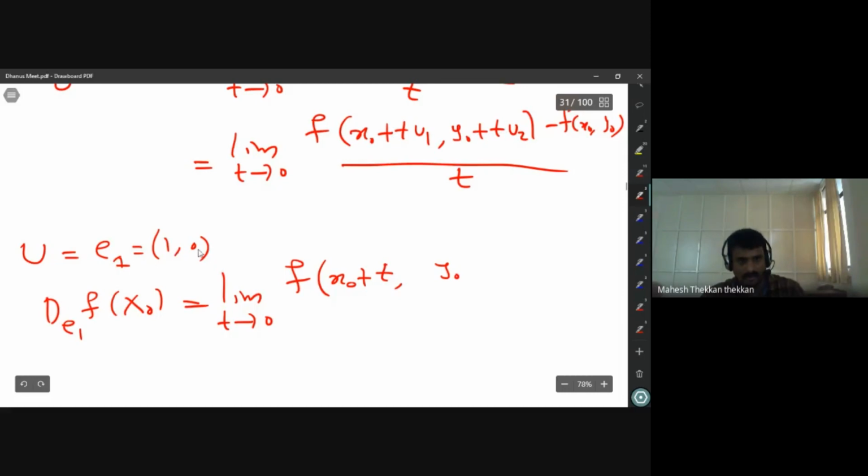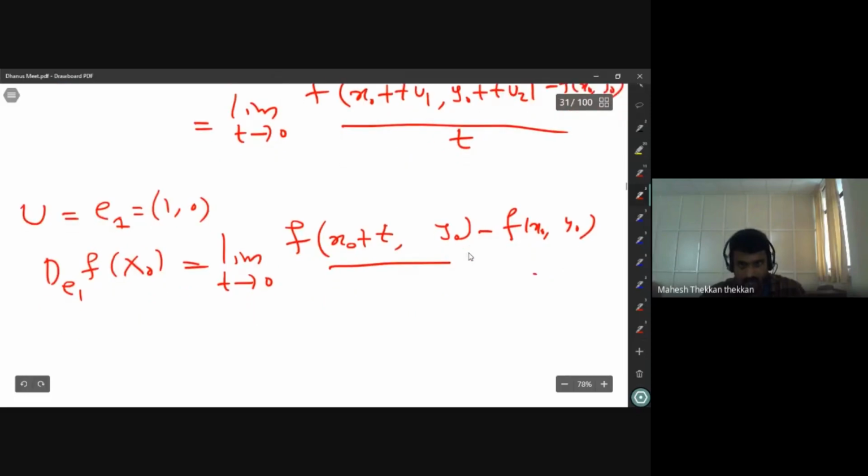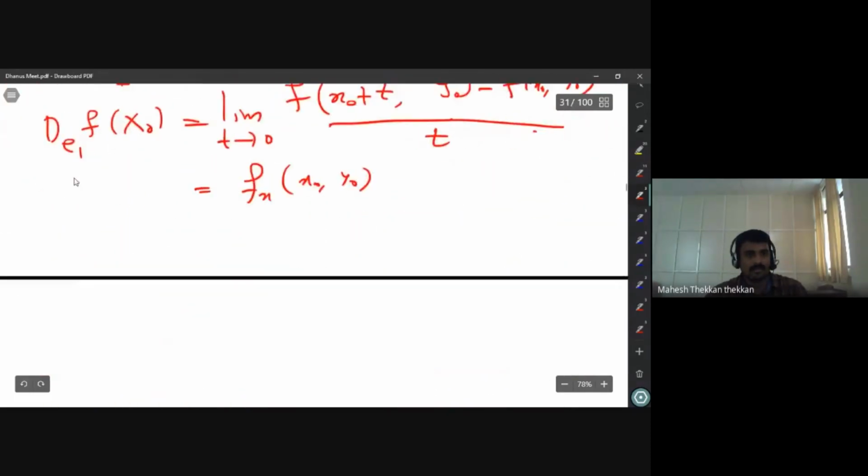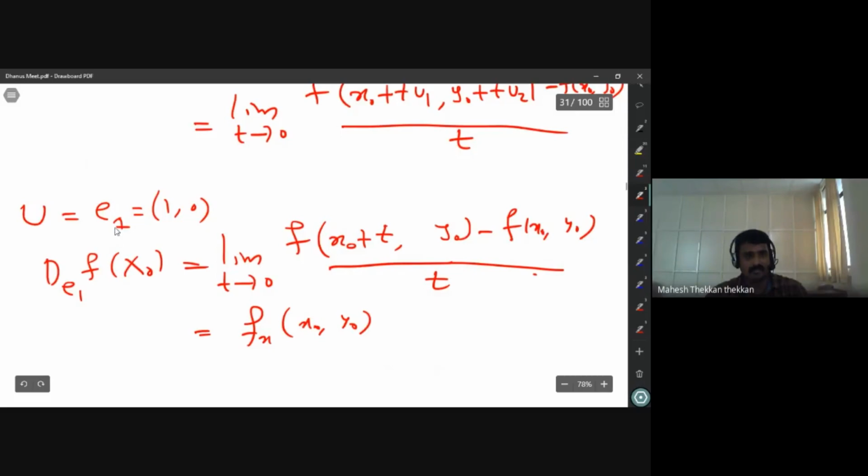This is nothing but our f_x at (x0, y0). So the directional derivative of f in the direction of the unit vector e1 gives the partial derivative with respect to x at (x0, y0).